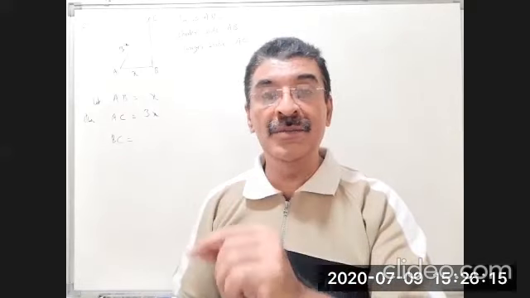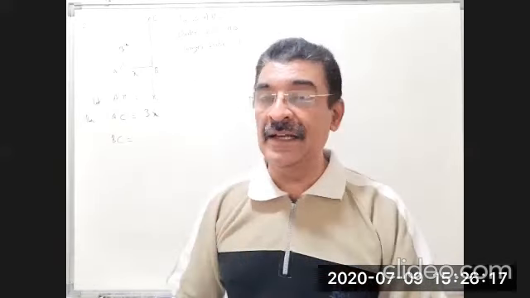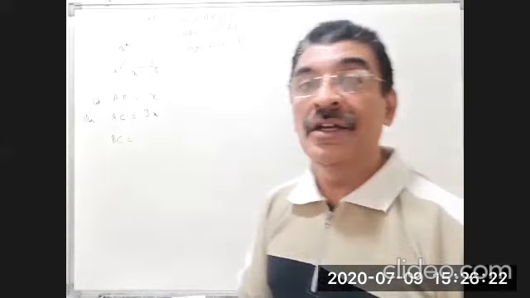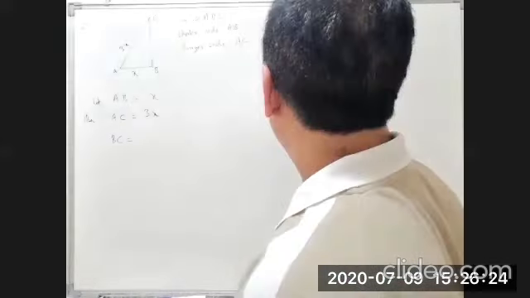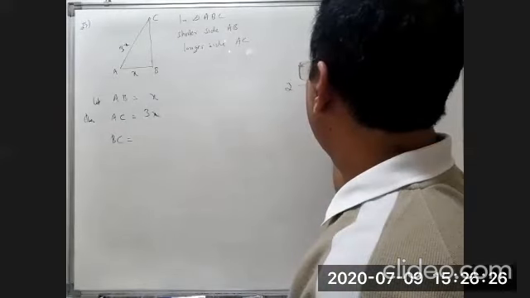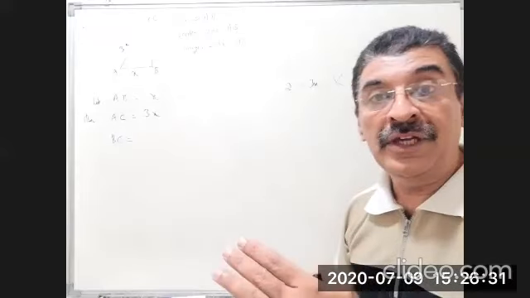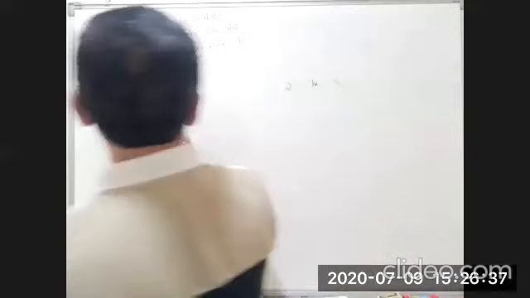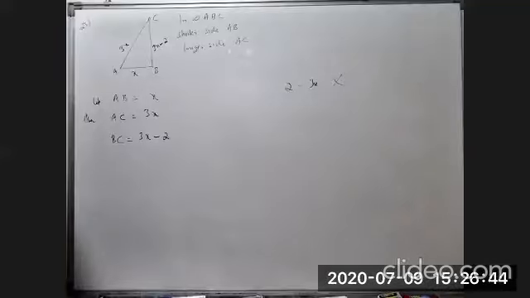The commonly seen mistake is writing 2 minus 3x, which is wrong. 2 centimeters less than 3x means we have to subtract 2 from 3x.